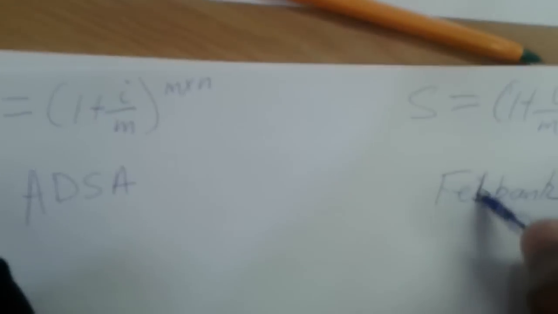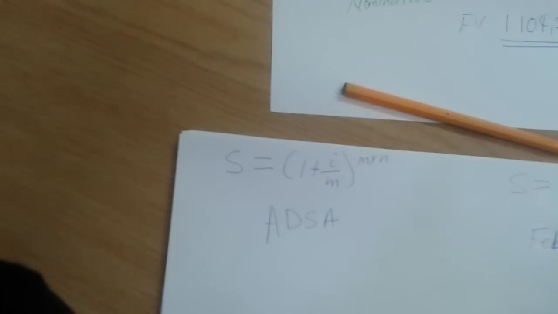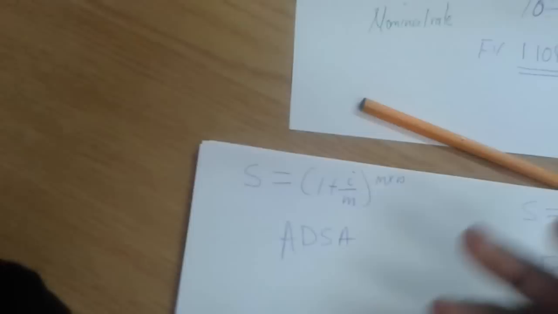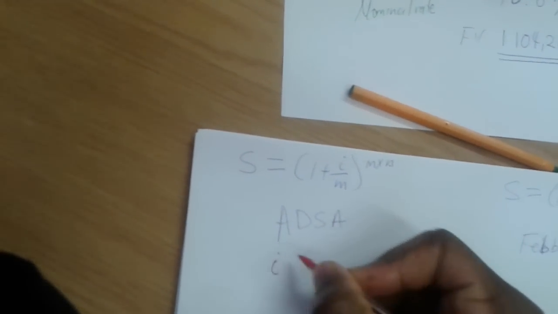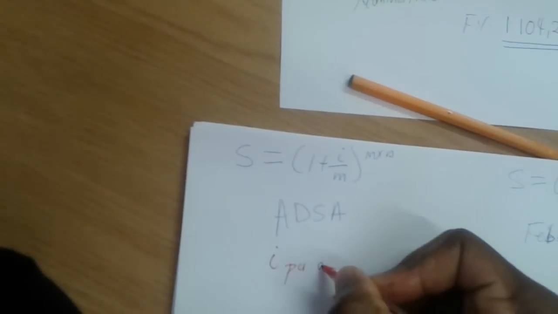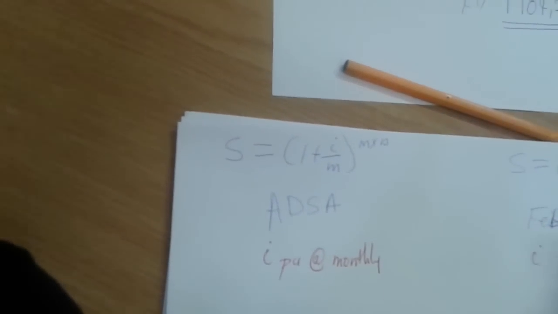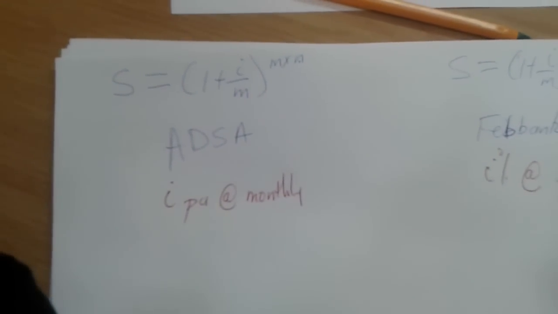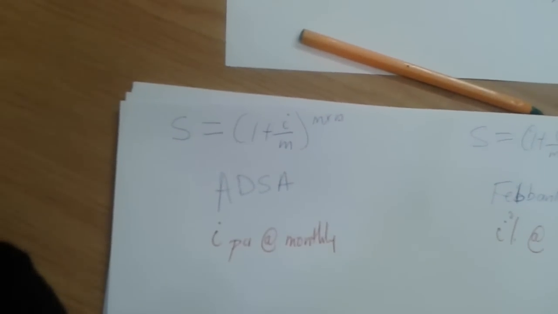Okay, so we've got Feb Bank, we've got ADSA. So now, let's say this is 1, if they are using 2 equivalent rates, so let's say they are saying I per annum compounded monthly, I per annum compounded 2 monthly, or no, one of them must be annually.